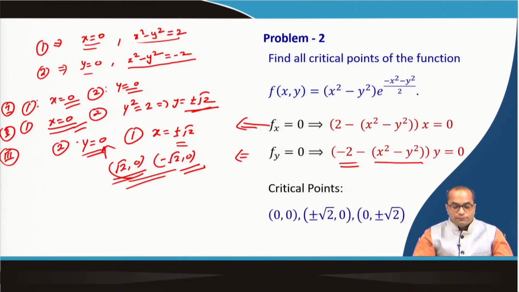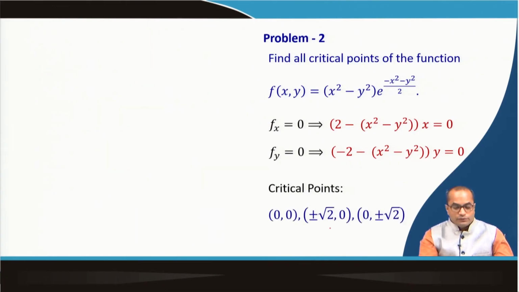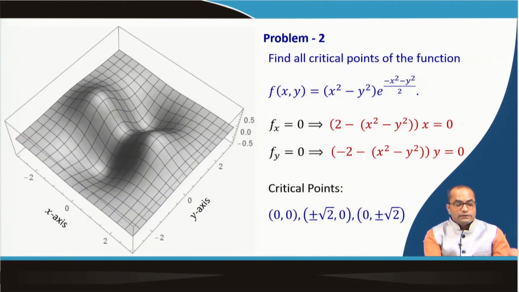So, what are the critical points? We have exactly what we have evaluated there: 0 comma 0, we have plus minus square root 2 comma 0, we have 0 comma plus minus square root 2. So, these 5, so we have 1 here, the 2 and the 2. So, there are 5 critical points of this function, which one can also observe in this figure itself.